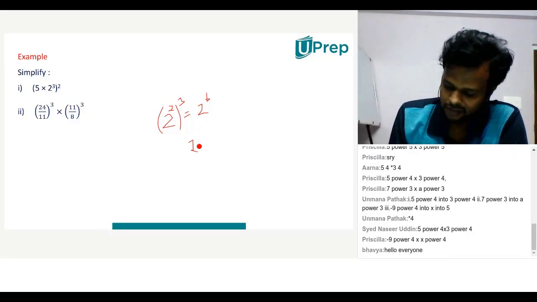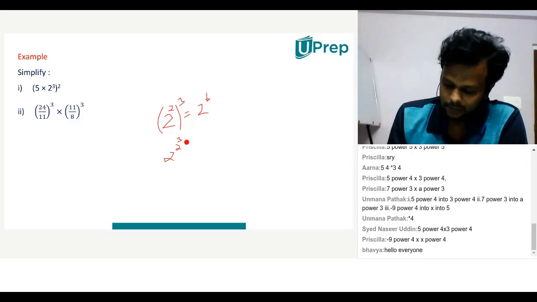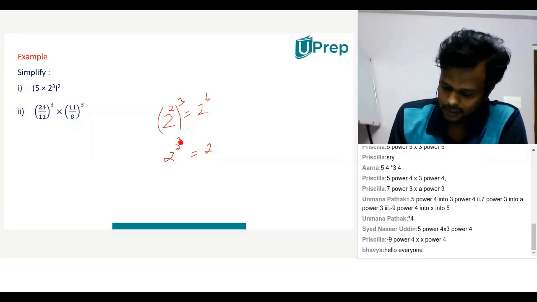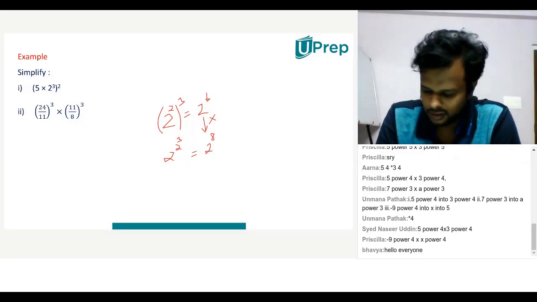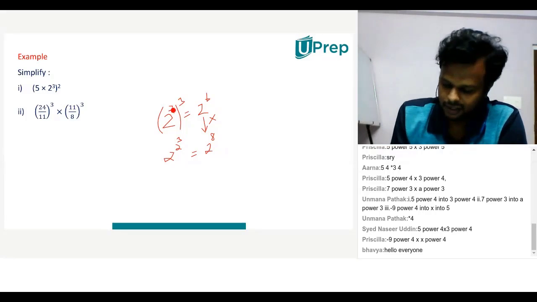But if you have something like this, now what is exactly happening here is only the power is getting cubed. That means this becomes 2 power, then the value of 2 cube is 8. So these two are not equal. When you have the brackets, then you will multiply the powers.